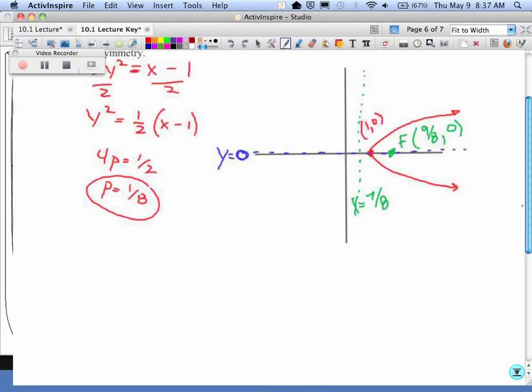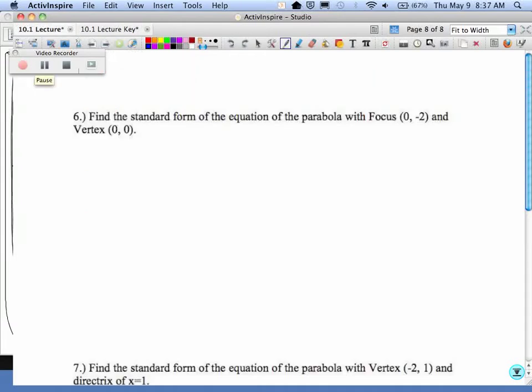Okay, so sometimes we go the other direction. I'll give you a picture, and you have to come up with the equation. 0, 0 is my vertex, and I have a focus at 0, -2.